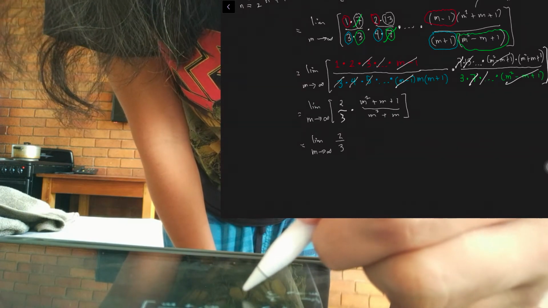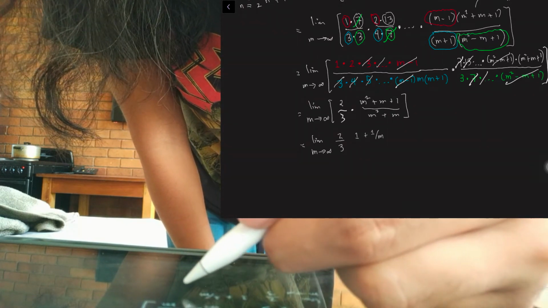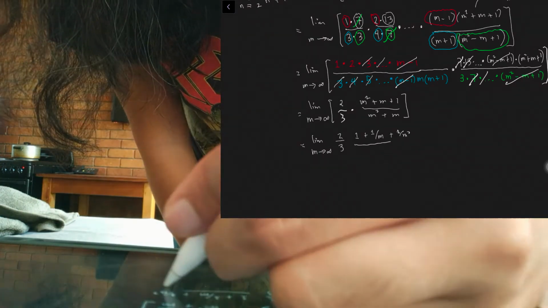Now we take the limit as m approaches infinity, and to make that work, let's divide everything by m squared. So the numerator becomes 1 plus 1 over m plus 1 over m squared. In the denominator, you have 1 plus 1 over m.